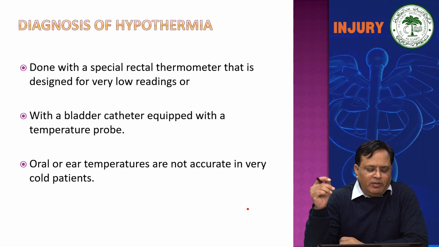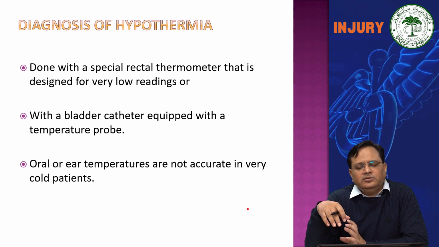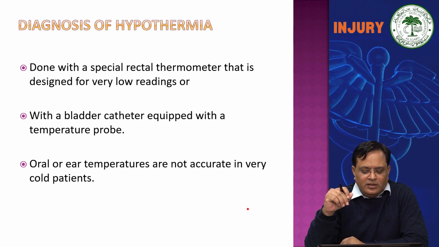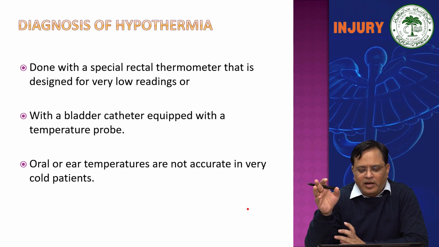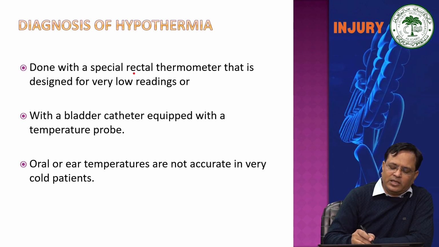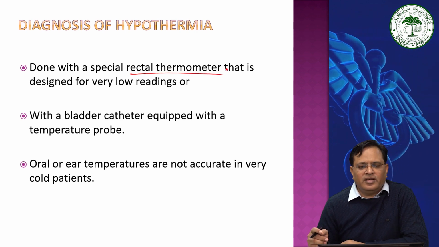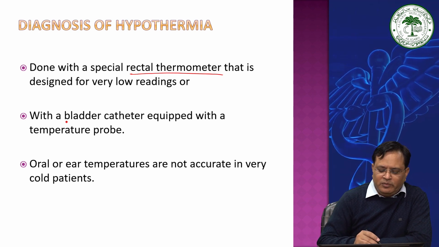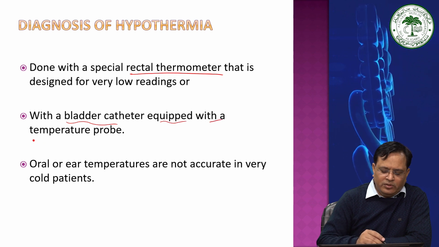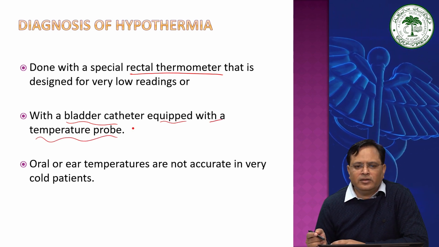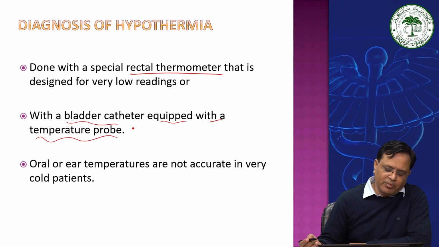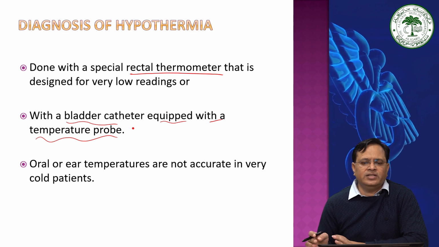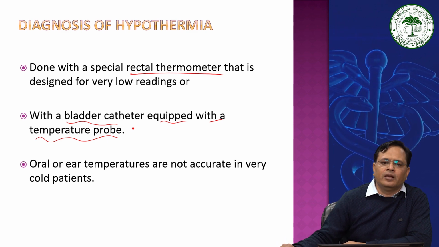We will be dealing with hypothermia in various conditions, and we will diagnose it with a thermometer, a rectal thermometer, which is very sensitive and designed for low reading. It can be a bladder catheter equipped with a thermoprobe. We generally insert it into the rectum and take the temperature from there. Oral or ear temperatures are not accurate. We should not rely on them in case of hypothermia.